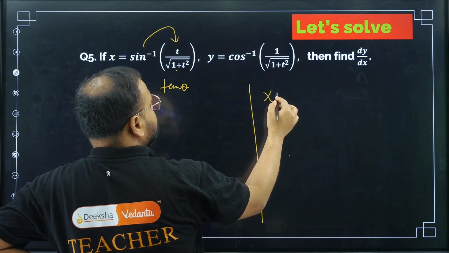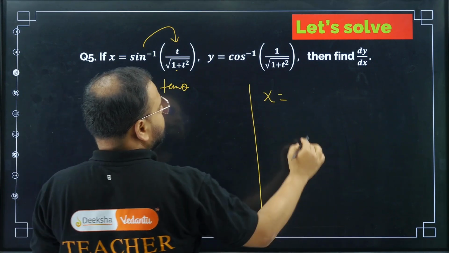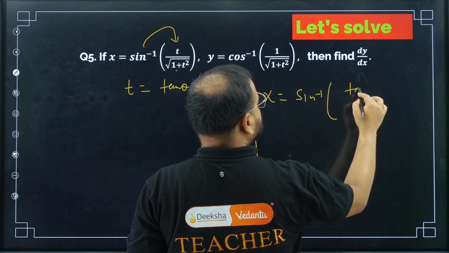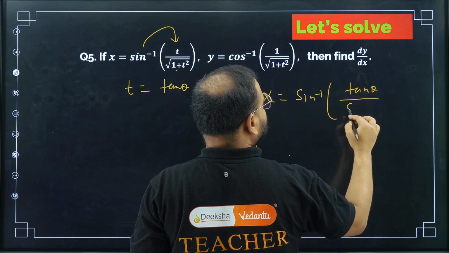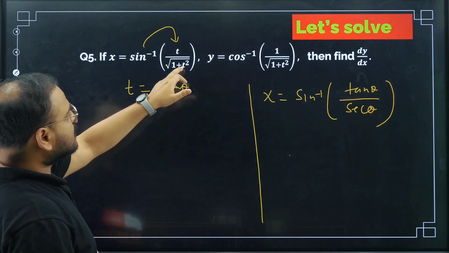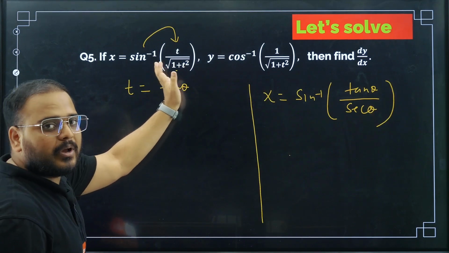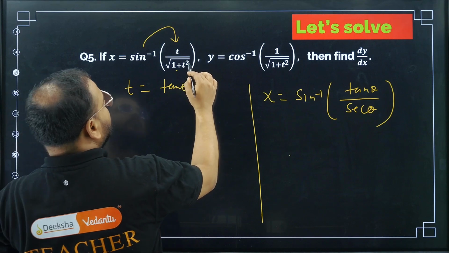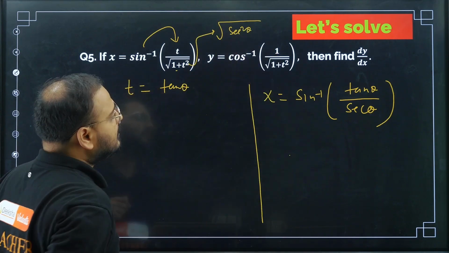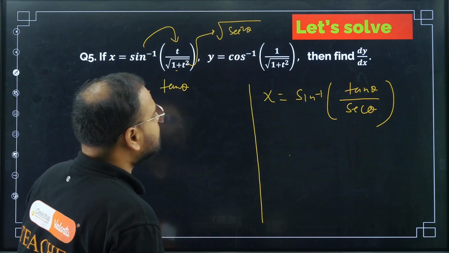X will be sine inverse of tan theta upon sec theta. Don't ask why, please. I just explained you. 1 plus tan square will become root sec square, this will be root sec square theta, simply sec theta.